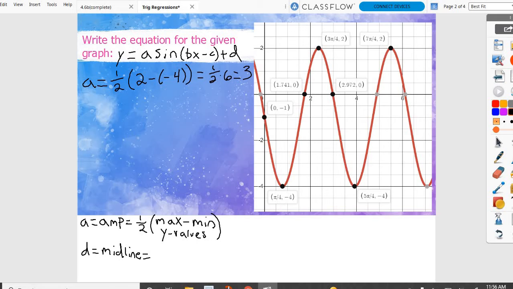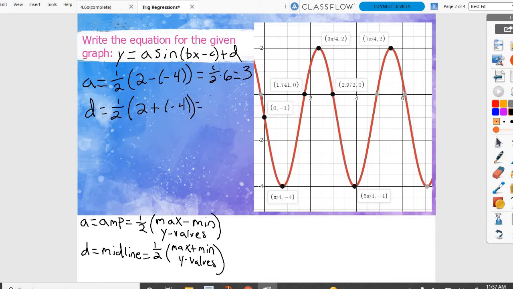So basically it's going to be really similar to our previous one, but this time I'm going to add instead of subtract. So this time I would have 2 plus -4.